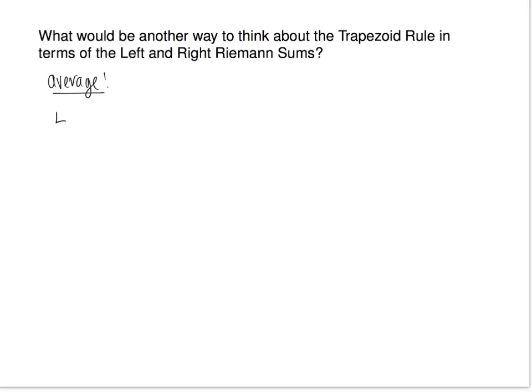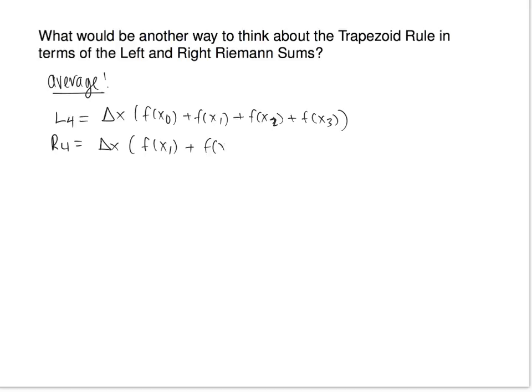So if I did that left sum for that picture, it would have been delta x times f of x naught plus f of x1 plus f of x2 plus f of x3, right? The right sum would have been delta x times, what would my first point have been? F of x1 plus f of x2 plus f of x3 plus f of x4, right?